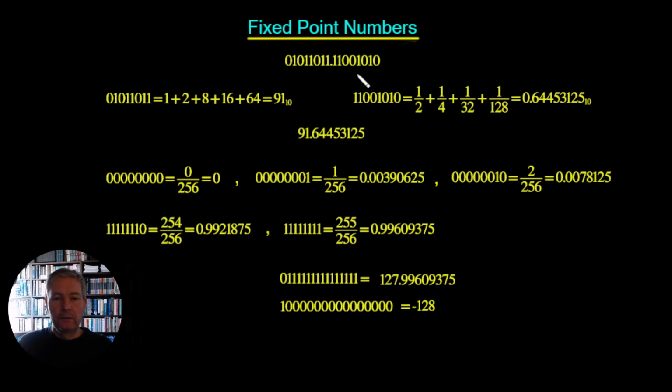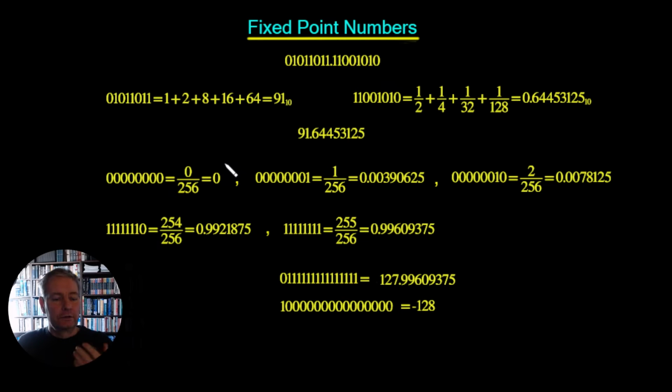So this number here that we generate is going to be 1 upon 2 plus 1 upon 4 plus 1 upon 32 plus 1 upon 128. When we add these together, we get this number here. So then what we can do is we can join the two numbers together. So we're going to have 91.6445325. So this is a nice, neat little way that we can use to represent fractional values.